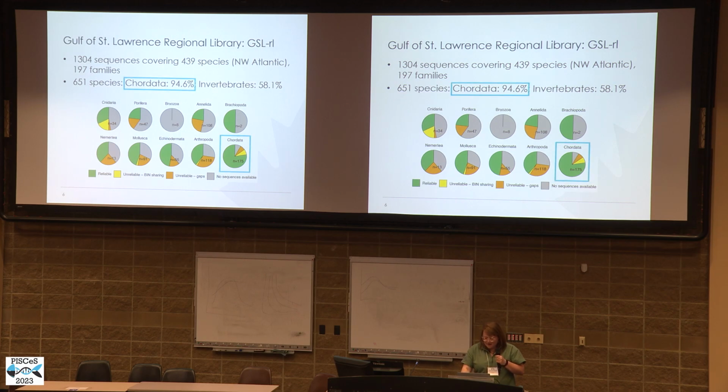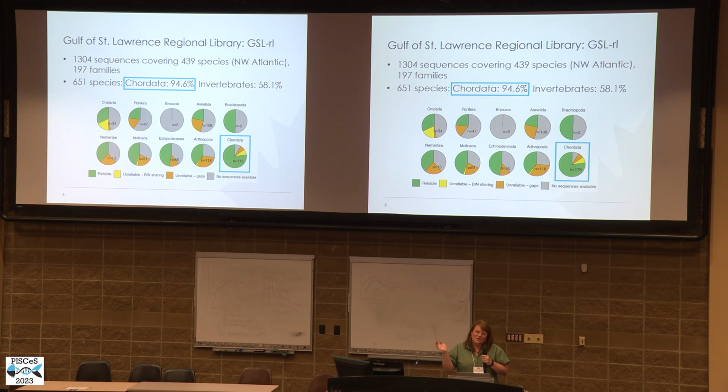If you look at this graph, you can see that for most of them, you can achieve reliable species assignment, and for some of them, not. This is because of gaps or BIN sharing, and some missing sequences explain at least the orange portion of this plot.